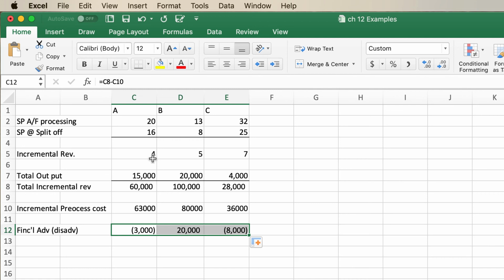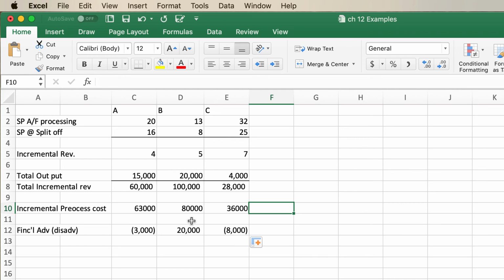If we add more cost to process A further, we're going to lose $3,000. The same thing with product C: if we process further, we're going to incur $36,000 of processing cost and have an $8,000 loss.